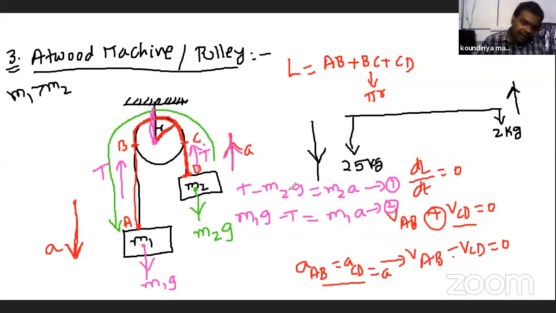Next, the second method. Carefully see, for M2 I am writing: it is accelerating up, and we have gravity in the vertically downward direction. So I can use the relative acceleration.